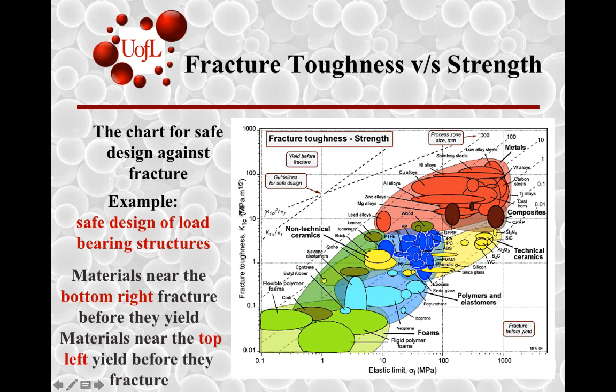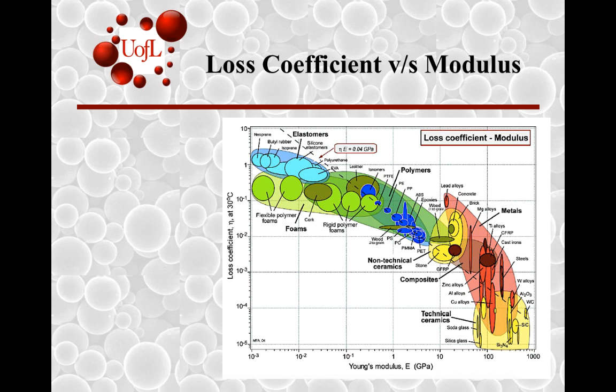The materials at the bottom right fracture before yield, and the materials over here tend to yield before fracture. Again, depending upon different design criteria, these slopes will change. Interesting to see that you really don't want to deal with foams for these kinds of situations, and metals tend to do a lot better than any of the other combinations, and ceramics end up doing really badly.